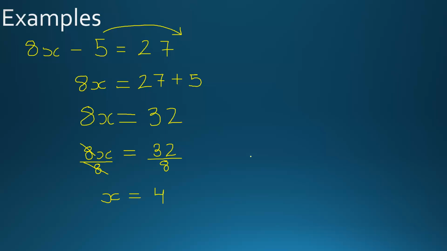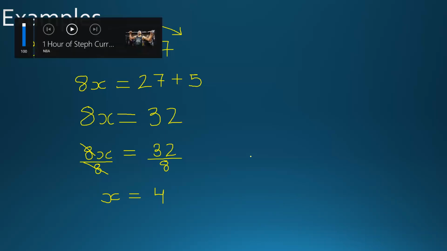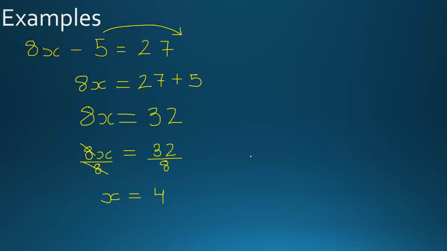Okay. All right. So Sienna, explain how we got 4 for me, please. You got 4 because when you brought the 8 under the line, it means you divide 32 by 8. What I meant to say, explain from the top how we got it. Oh, okay. So you bring the -5 over the equal sign, which would make it +5.